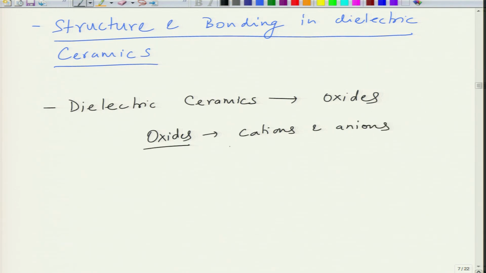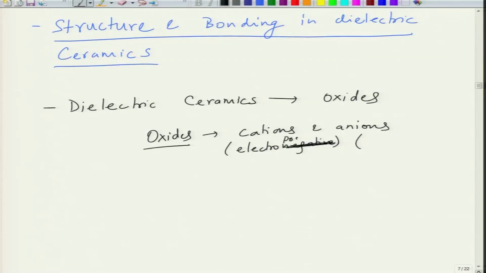and cations are generally electropositive, and anions are electronegative. Cations have a tendency to give away electrons, anions have a tendency to accept electrons, and the difference in the electronegativity is a driving force to form a bond between the cations and anions.